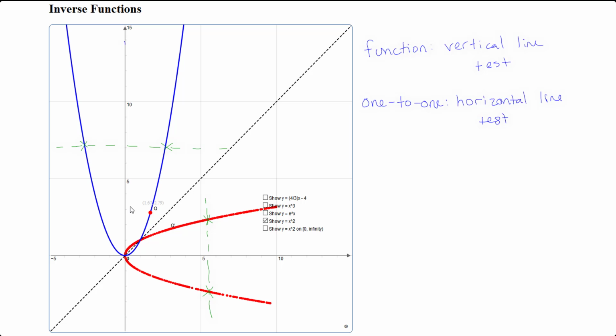So if you'll notice, the function x squared is symmetric about the y-axis. Because of that, we can make a domain restriction on this function from 0 to positive infinity as such.